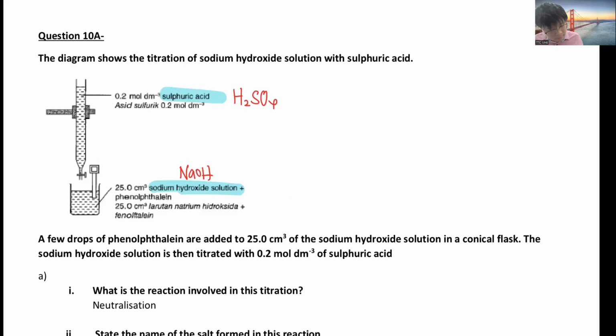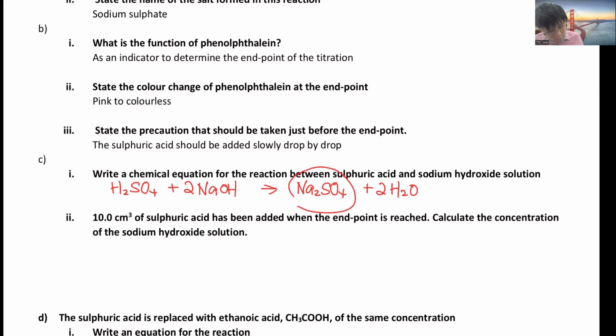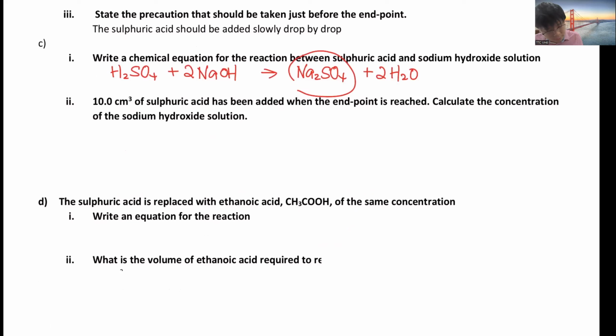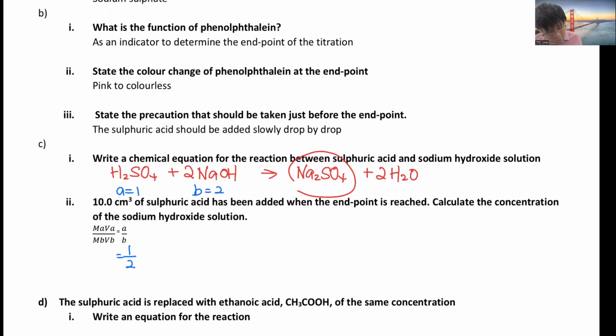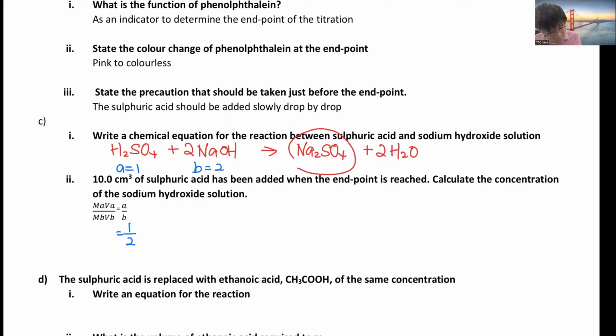To do the calculation, we use this formula. The a, acid, will equal 1, and b, base, will equal 2. Then the volume of acid is given here, so VA will equal 10. We need to find the MB.